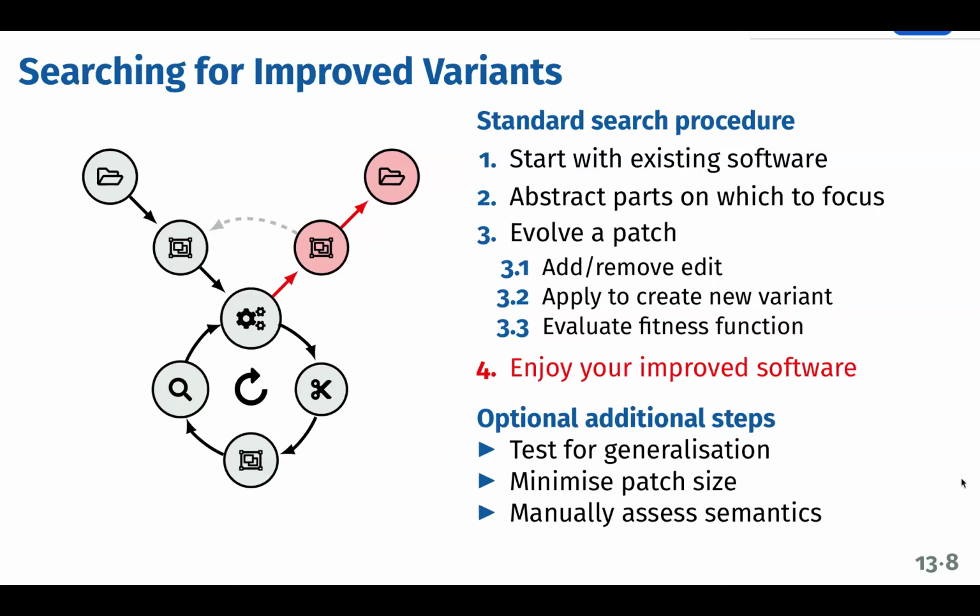There is one arrow at the top, which is that you might want to do more than one search. This is the main search, for which you start from an empty patch and you want to get a patch to get to a better software. You might want, for example, to test for generalization, to do a second search with a different fitness function, for example using a different benchmark, to make sure that what you learned during the first search generalizes.